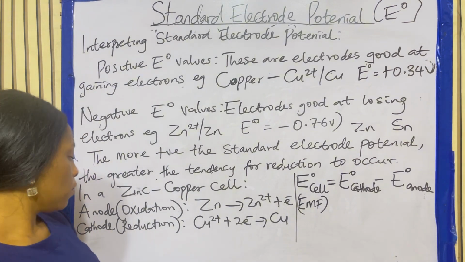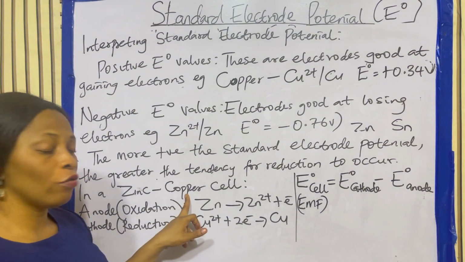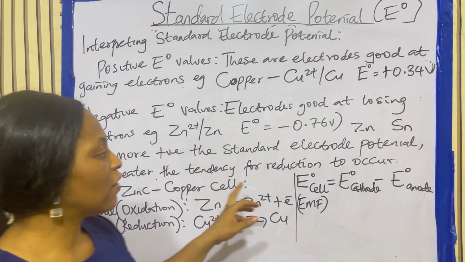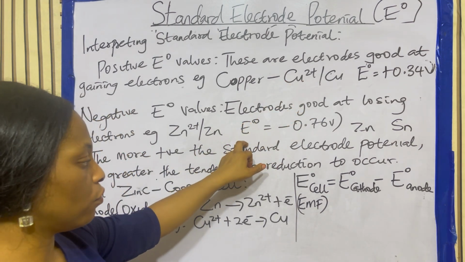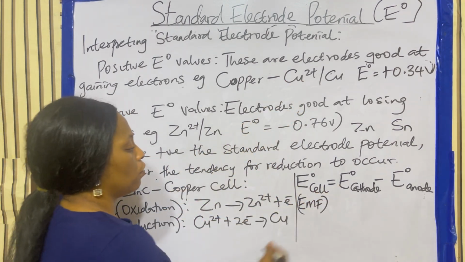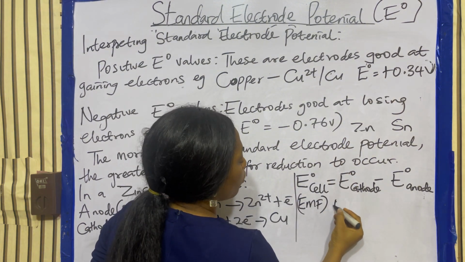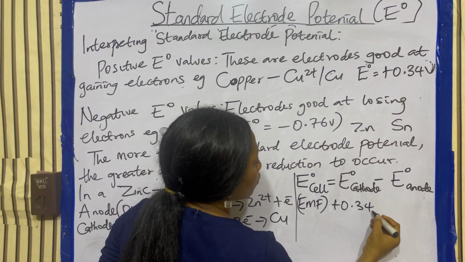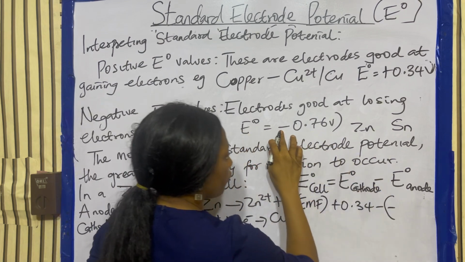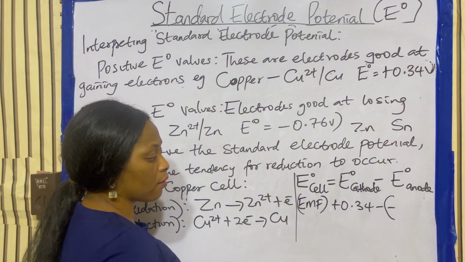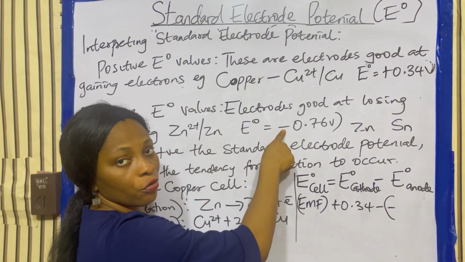Are we following? So at the anode, you have your zinc. At the cathode, you have your copper. So using the values here, the electrode potential of the cell is the cathode, plus 0.34, minus the anode, minus minus 0.76. Now remember, please be careful, because some students will just put minus and then not write this minus again, and you will fail it.